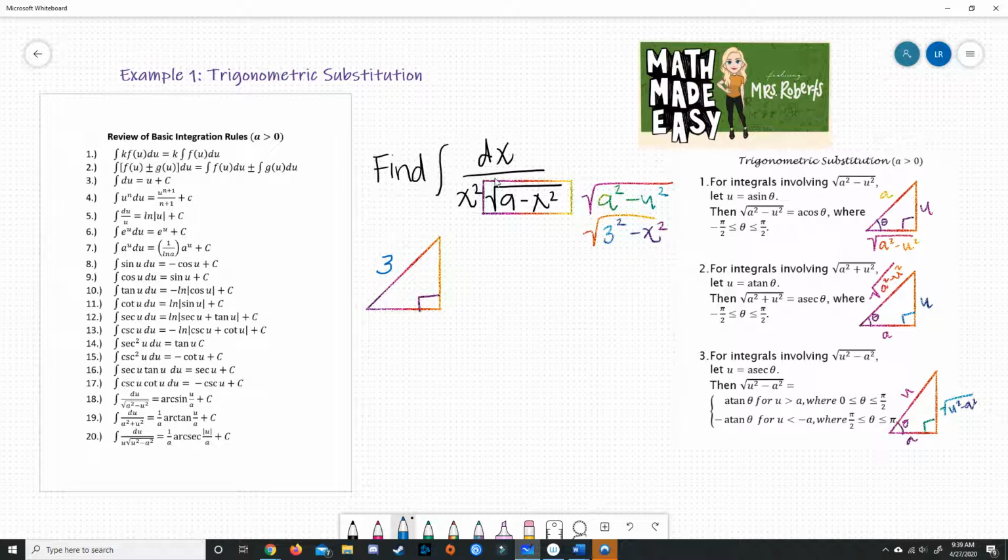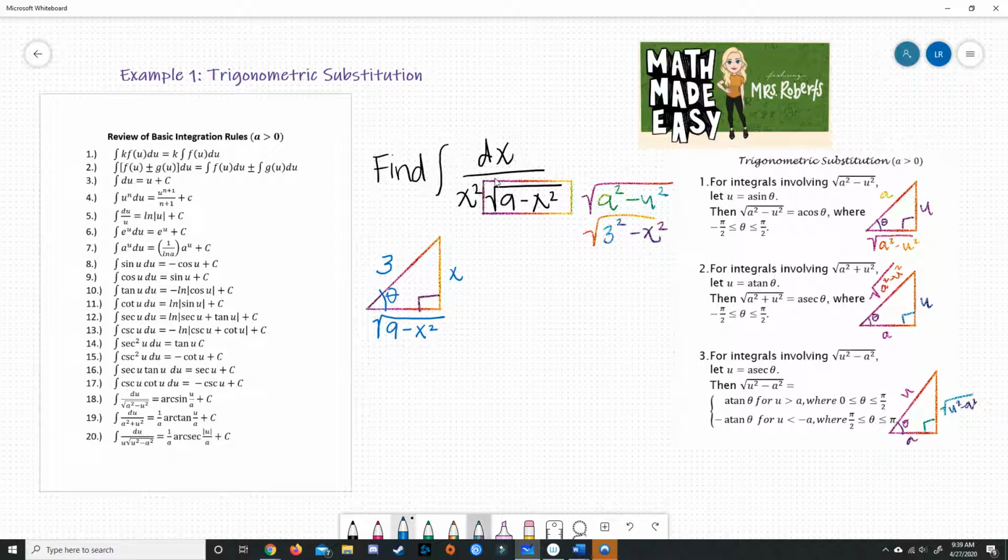We know that u is x. So let's go ahead and put an x right here. And we know that the square root of a squared minus u squared is the square root of 9 minus x squared. Using this triangle and using what we know here, we have a lot of information that we can use for substitutions, which is pretty cool.